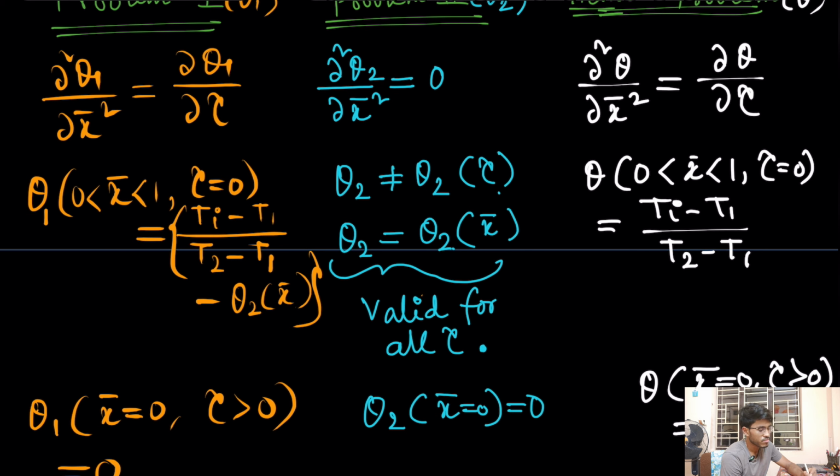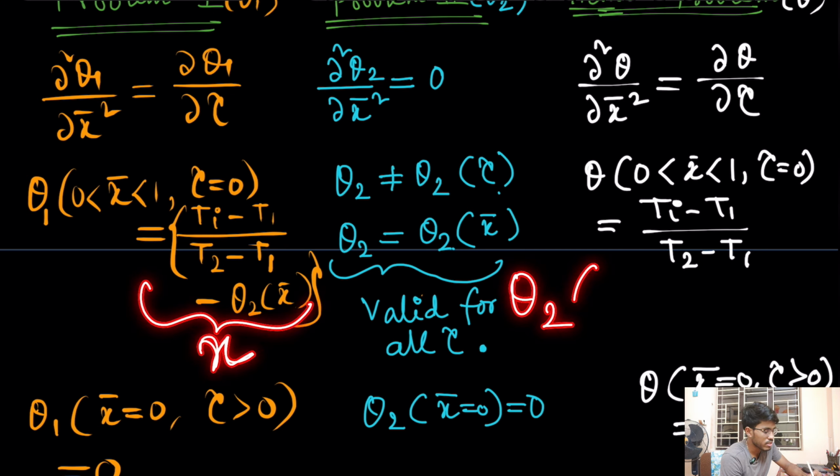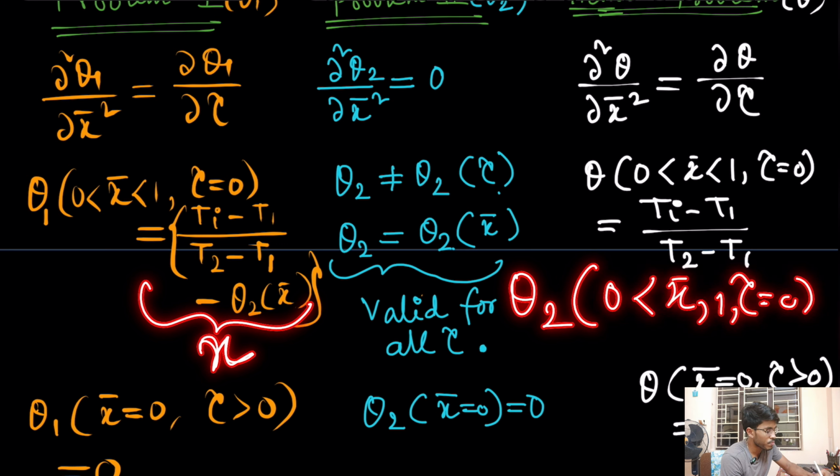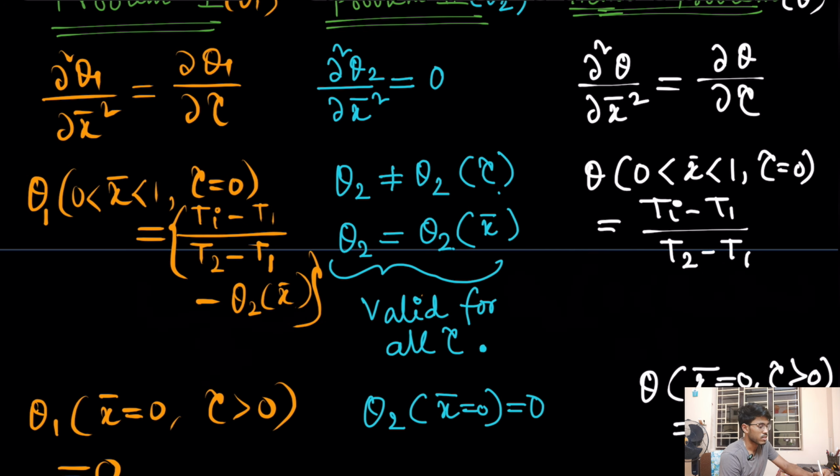But then see, if my theta 2 is a function of tau again, how can I write this?